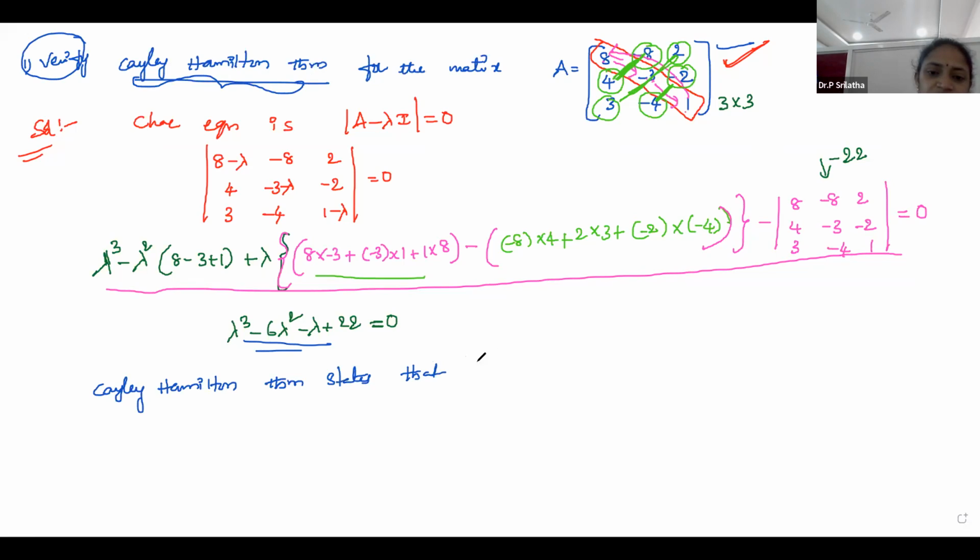so for every problem we need to write this statement. Every square matrix satisfies its own characteristic equation.